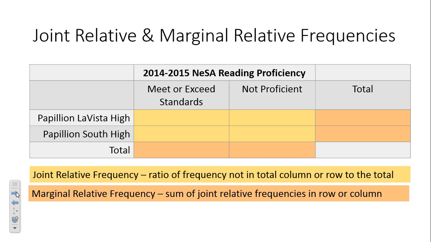All right, you found your totals, right? Now do the next table, and that's going to ask for the joint relative frequencies and then the marginal relative frequencies for NeSA reading this time.